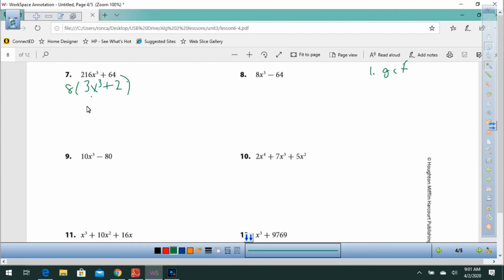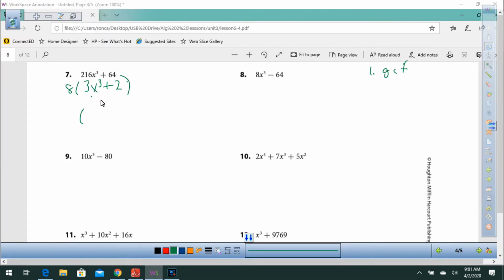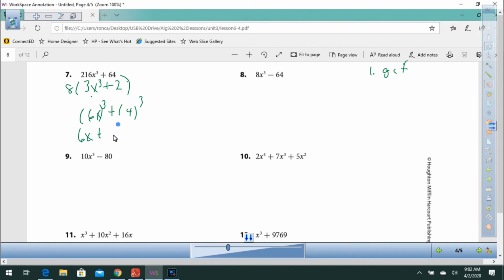But this is a perfect cube. What if you said 6x cubed plus 4 cubed, and that would give you the sum of 2 perfect cubes. That gives you 6x plus 4. Well, I don't know why I wrote 2 there.